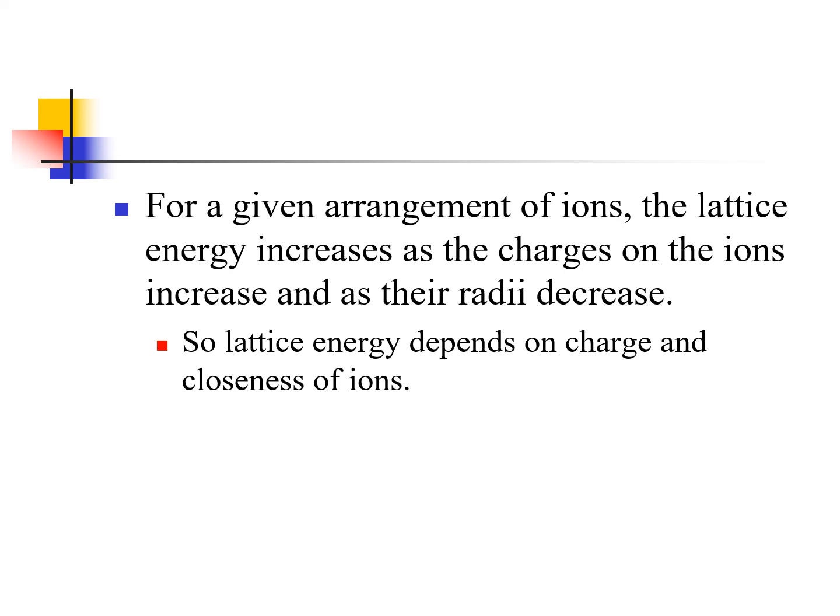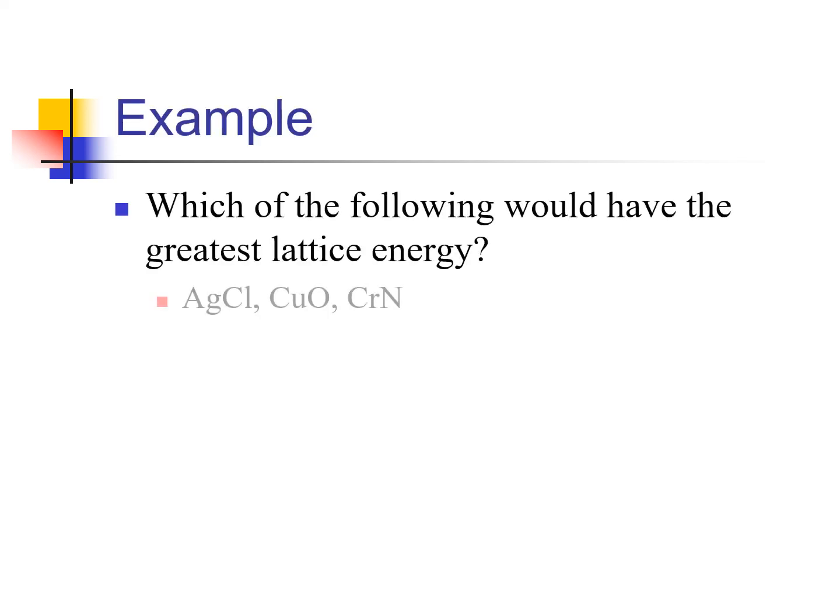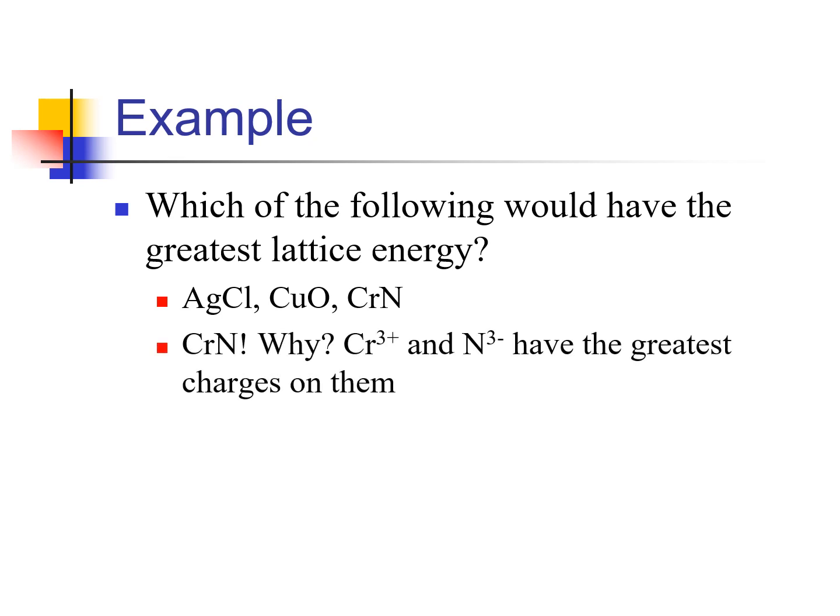So lattice energy is going to depend both on the charge and the closeness of the ions, so the size and the charge. As an example, which of the following would we expect to have the greatest lattice energy? We have AgCl, CuO, CrN. What I would recommend is don't worry about ion size unless you're comparing things of similar charge. In this case, in CrN, chromium's a 3+, nitride's a 3-.